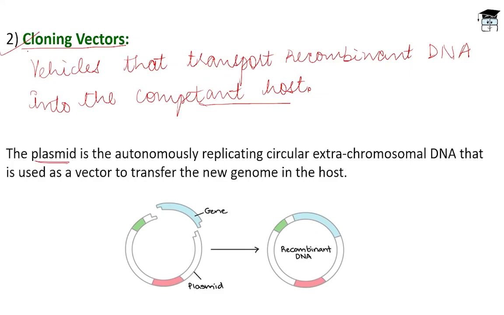Plasmid is the autonomously replicating, meaning it replicates on its own, circular extra-chromosomal DNA that is used as a vector to transfer the new genome in the host.